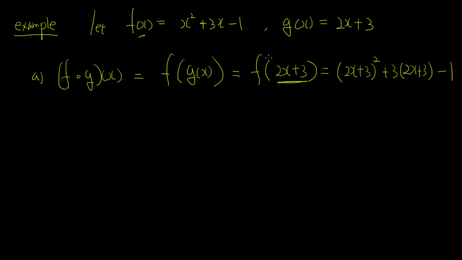Now all we need to do is just simplify this. And if you remember how to unfold this using the formula, you can do that. If not, you can write it 2 times. It's like 2x plus 3, 2x plus 3, and you can FOIL it out. You can just keep multiplying it, and you can simplify it, right? I'm not going to go through that process.